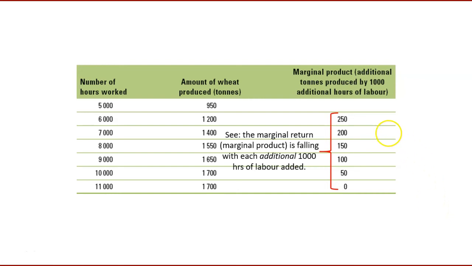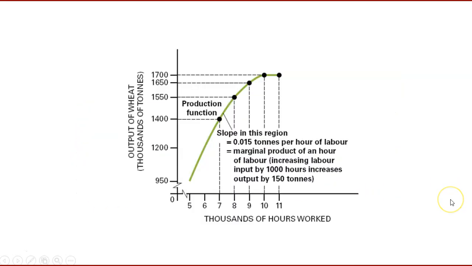If we were to graph this, we want to graph the total output on one axis and the total number of hours worked on another axis. We'd get this curve here. It's called a production function. So as we increase the number of hours worked by thousands, we get increases in output.